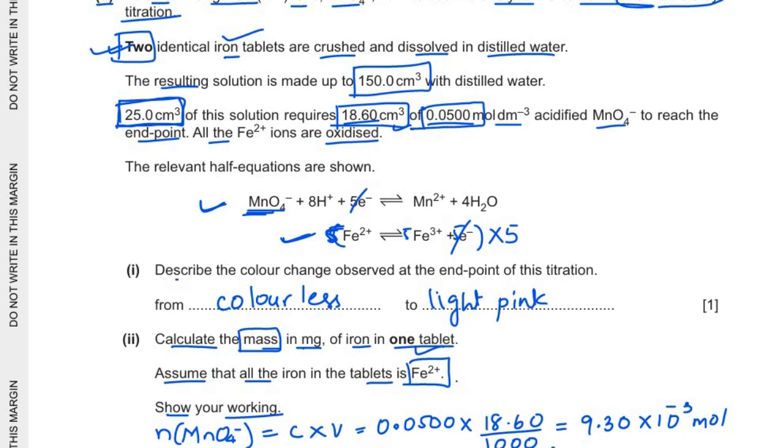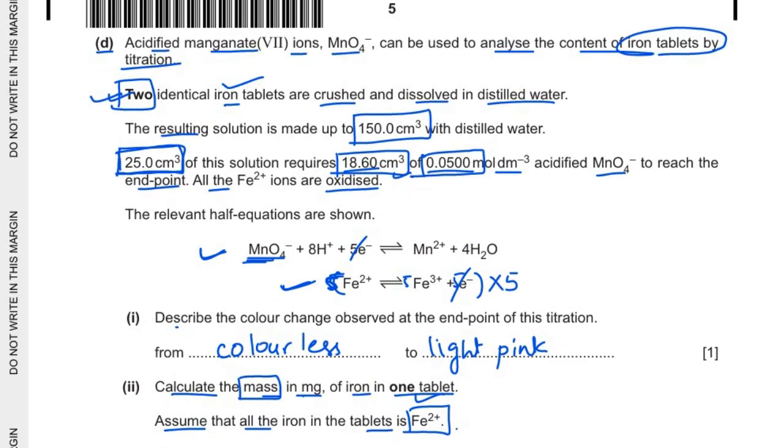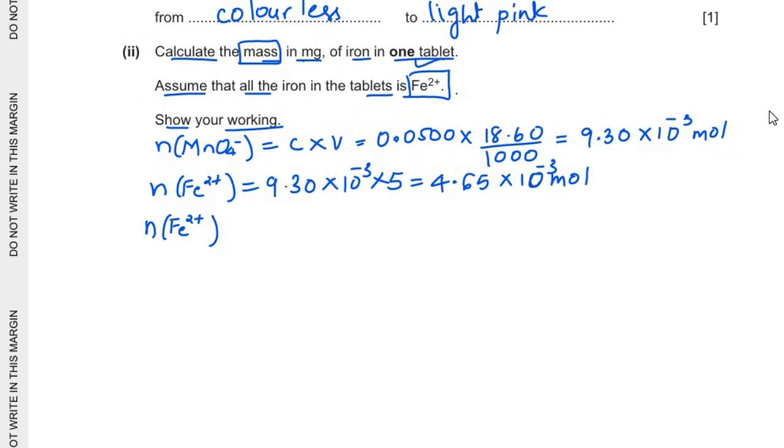But if we want to find out the total moles of Fe2+, we have made the volume 150 cm³. So if we want to find the moles of Fe2+ in 150 cm³, we need to multiply this value 4.65 × 10^-3 by 6, because 25 cm³ has this much, so for 150 cm³, how much?